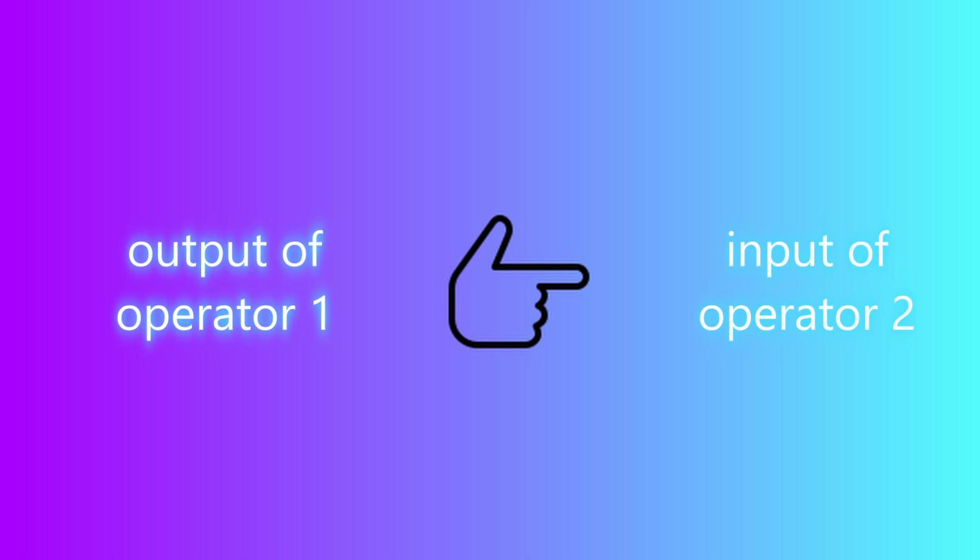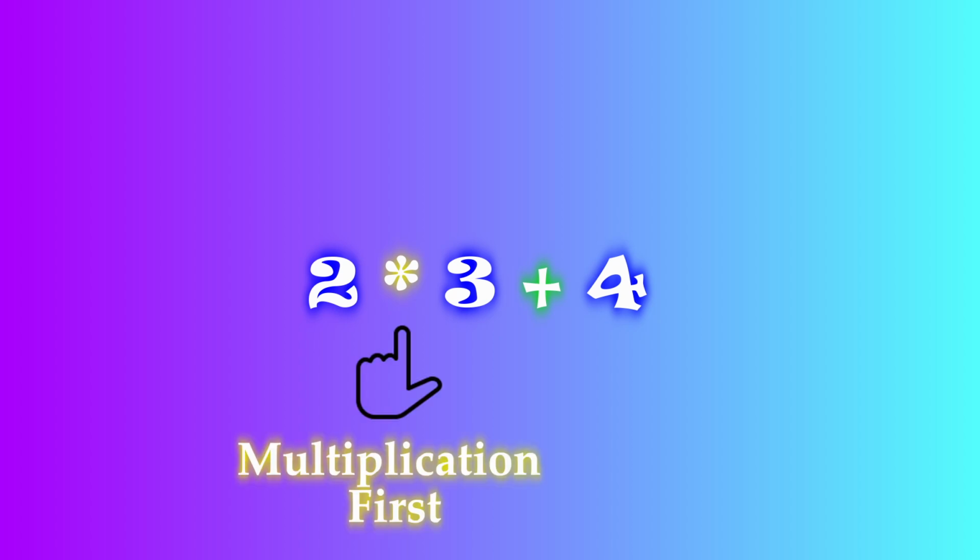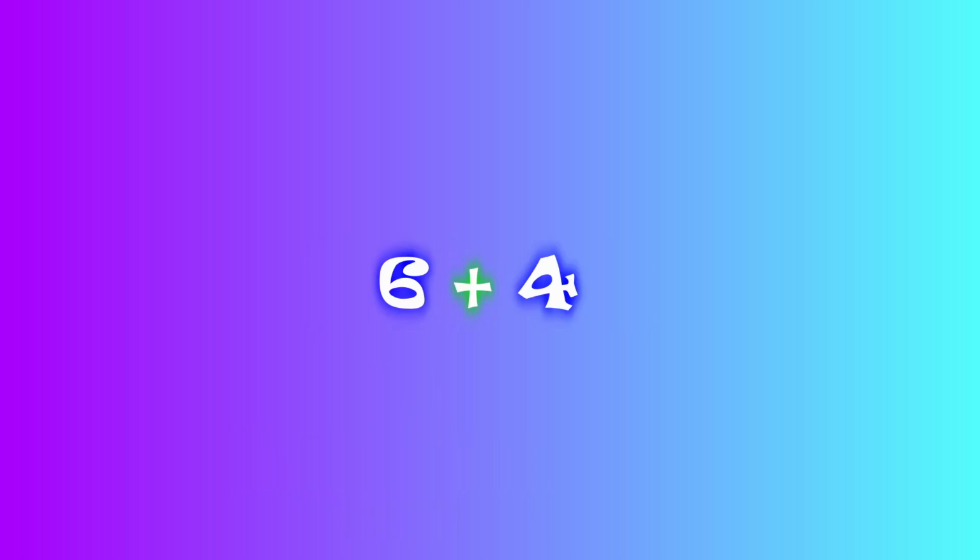Operators can be chained together such that the output of one operator can be used as the input for another operator. For example, given the following: the multiplication operator goes first and converts left operand 2 and right operand 3 into return value 6, which becomes the left operand for the plus operator.